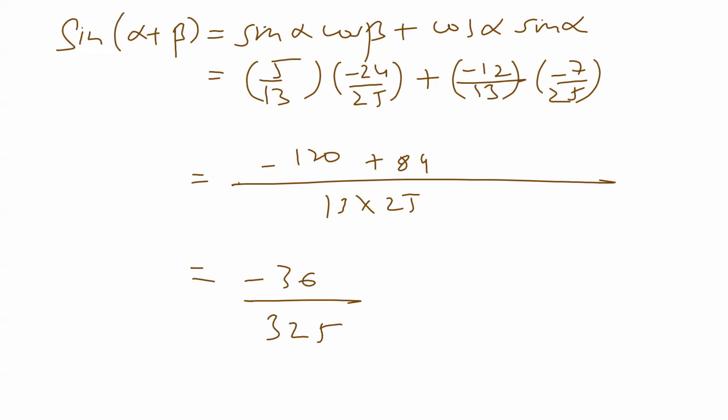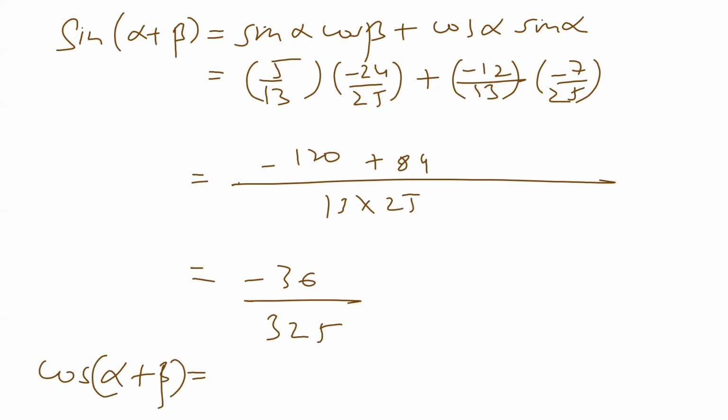So minus 36 upon 325. Similarly, you can calculate cos alpha plus beta. I'll give you the hint.